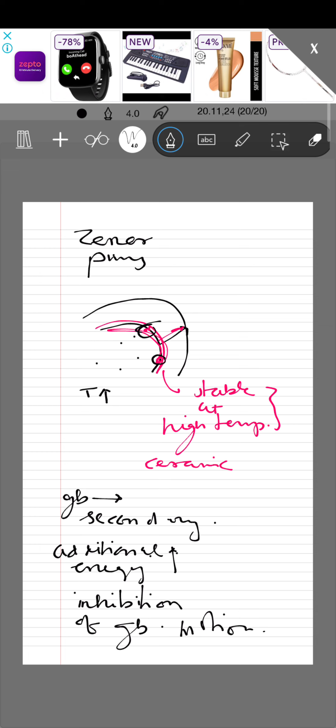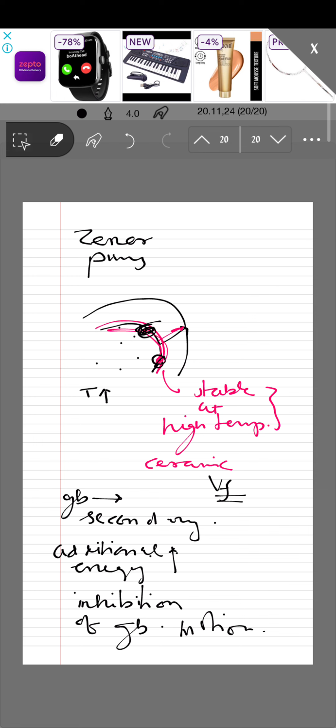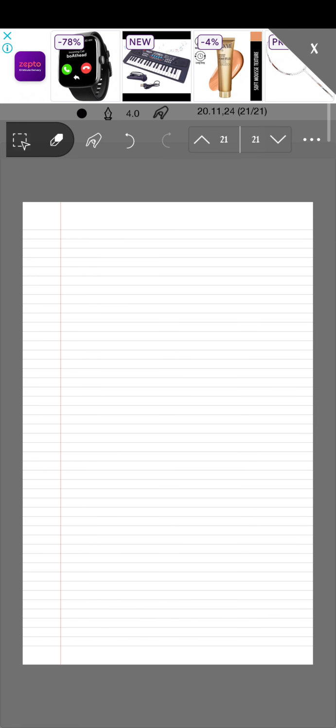Now, the inhibition will not only depend upon the volume fraction of this secondary phase, but also the size. One is the volume fraction, how much area they are covering, and also how large this secondary phase is. Now, the formation of secondary phase can be achieved by several routes.